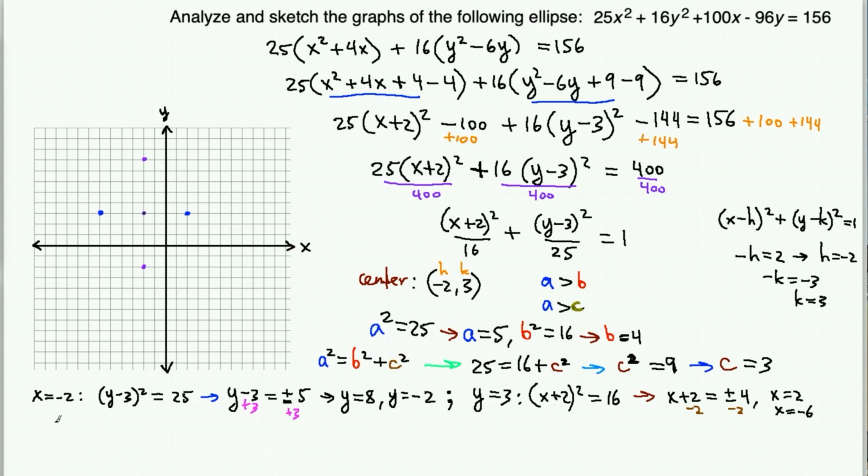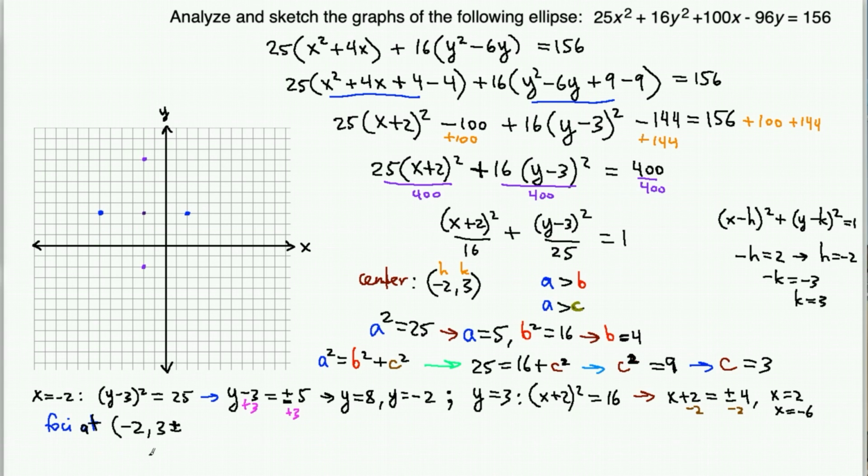So Foci at, the X value in this case is -2, because the Foci will be on the major axis, not on the minor axis. So the X value should be the same as the center, so -2. And then we're going to have 3, the center Y value, plus minus C.